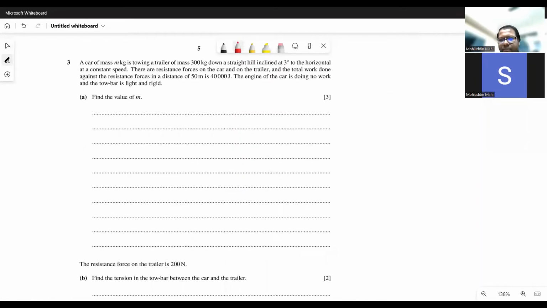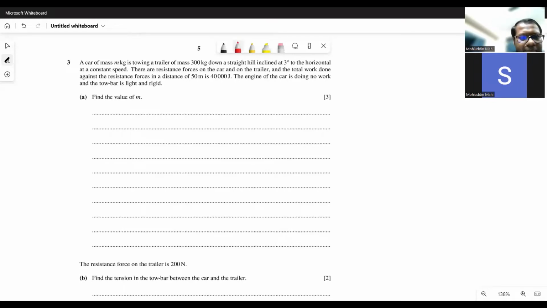It's not necessary. There's no mark for that, but if the diagram is well and clear, it'll be easier for you to deduce the equations that are required to solve the question.